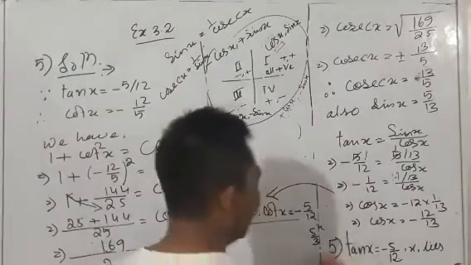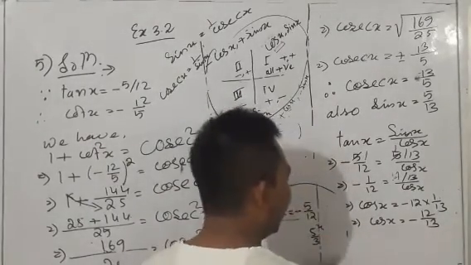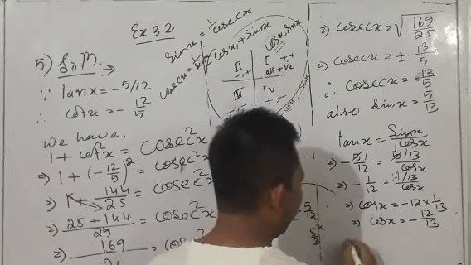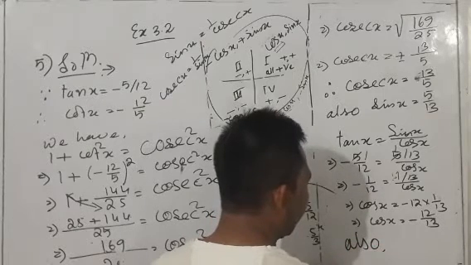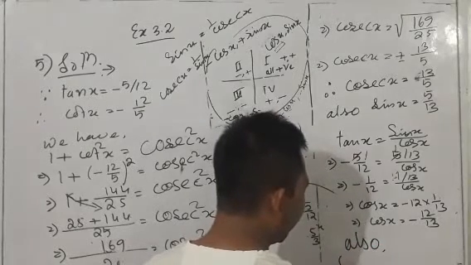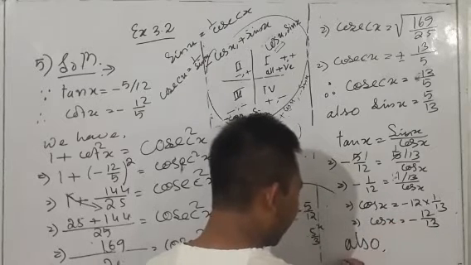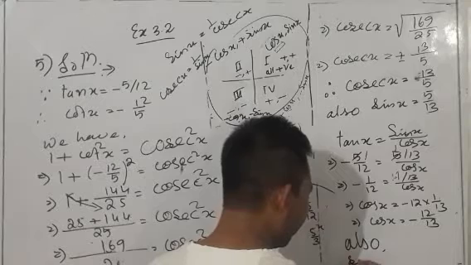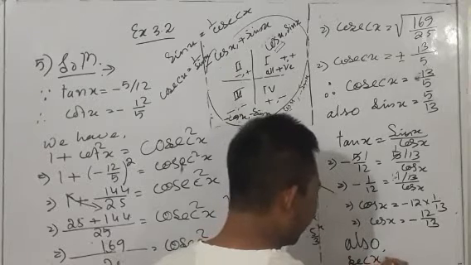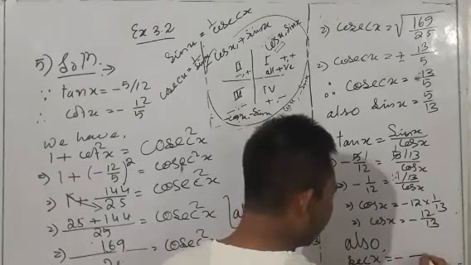Okay, fine. If we know cos x, then we know sec x also. Sec x equals what? Just the reciprocal of this. So it will be 13 by 12.